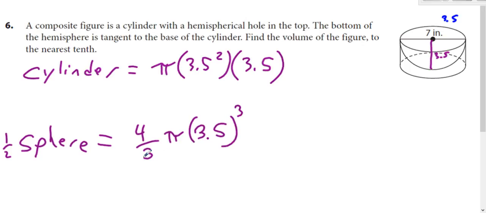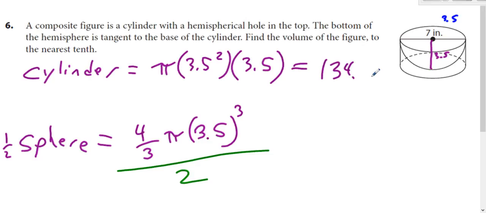And it's only half, so we're going to divide that whole thing by 2. So we'll use 3.14 for pi to get our cylinder's volume, 134.6275.